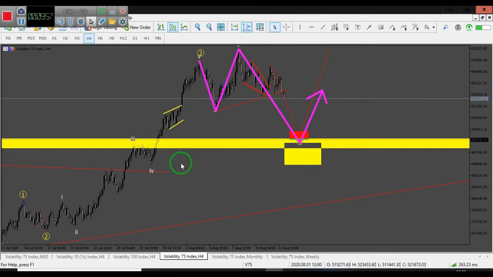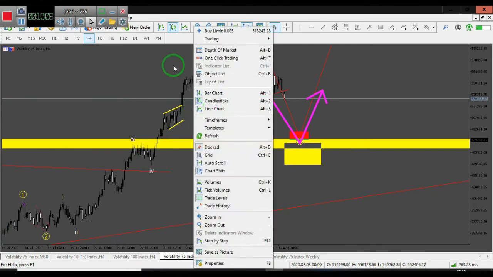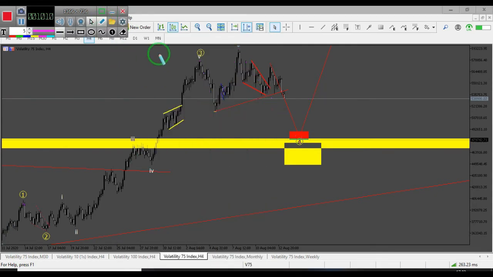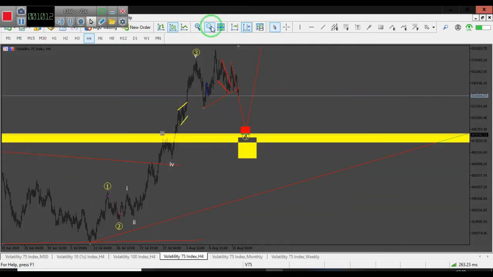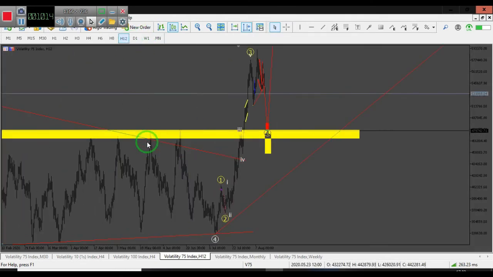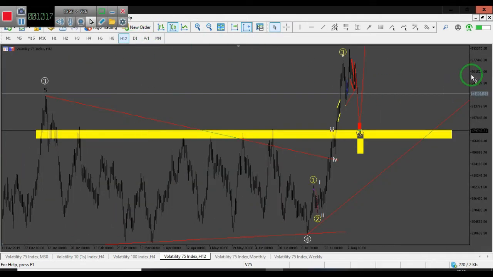So I think now it's clear, and I'll show you again why I chose this area. I chose this area using the Fibonacci 1 and 2. Let me show you why I chose this level as a very, very good area for our wave 4.